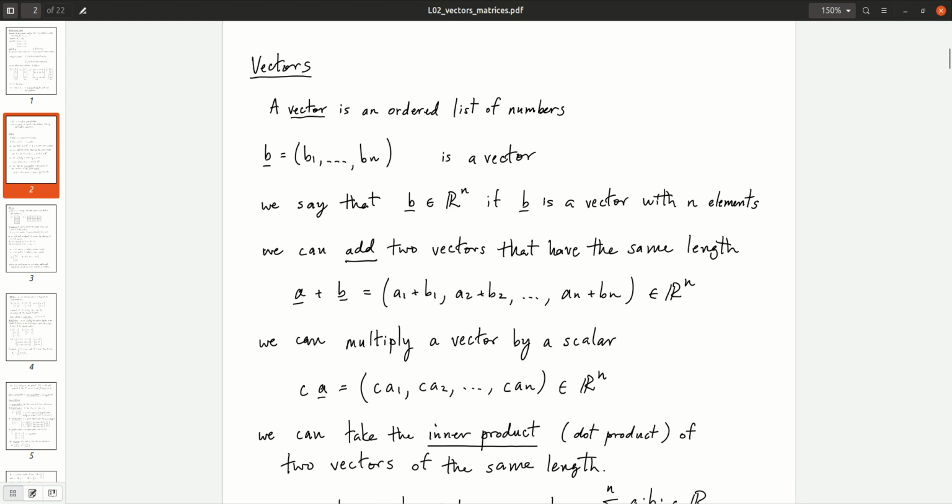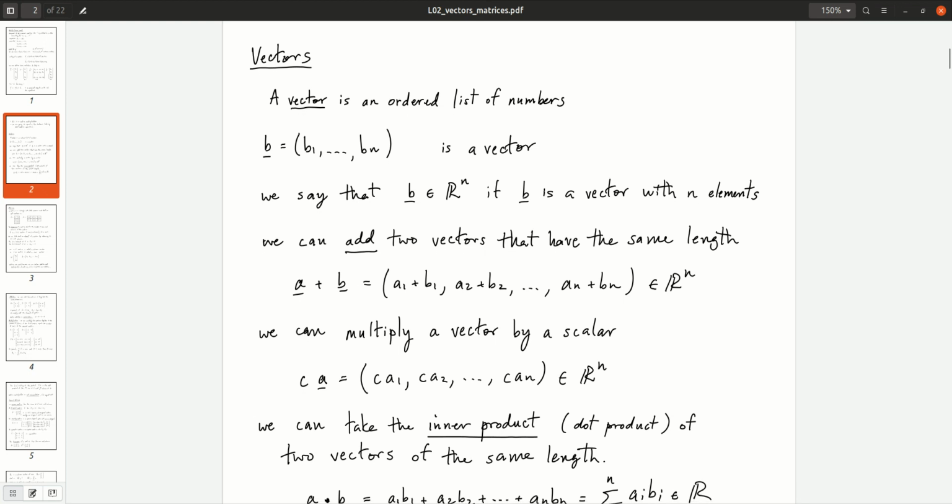Now because A is a member of Rn, it has n elements and they're all real numbers, and the same is true of B, then A1 plus B1 is a real number, and this whole thing has length n, and therefore it also is a member of Rn.